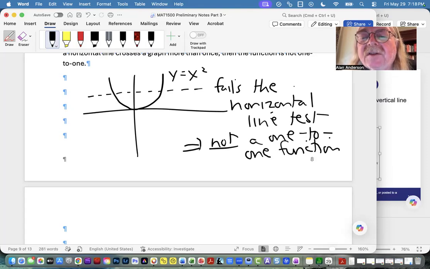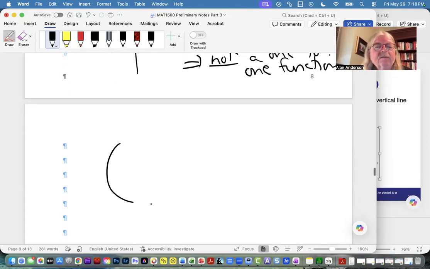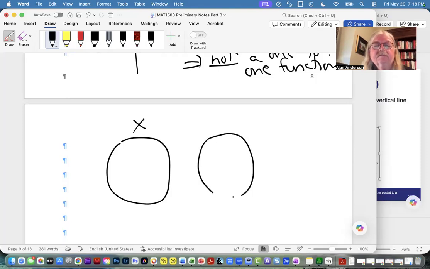It's a function, of course, but it's not one-to-one. In fact, if you were to draw out some values here, you'd see why pretty quickly.